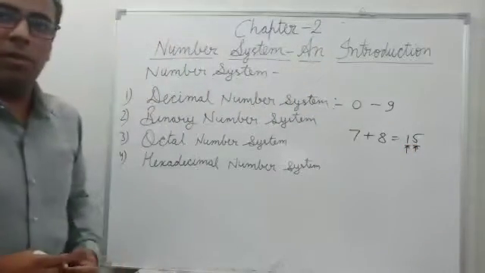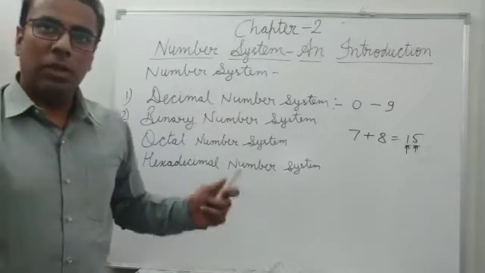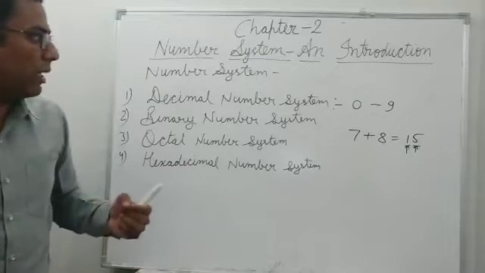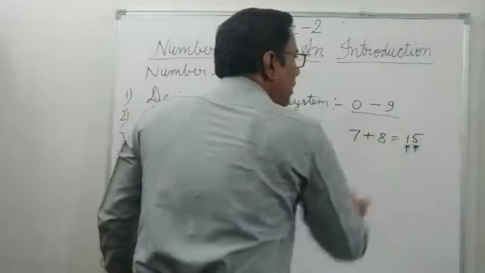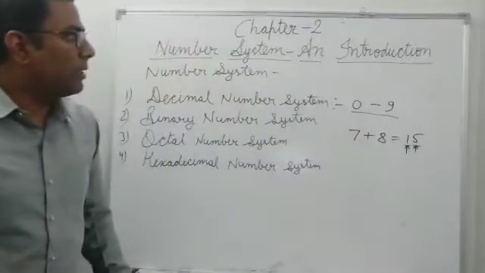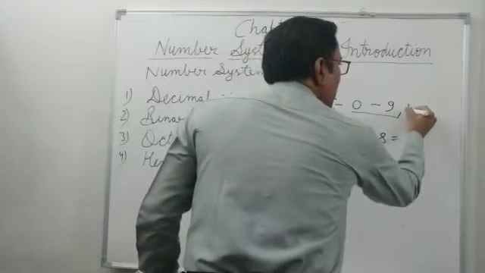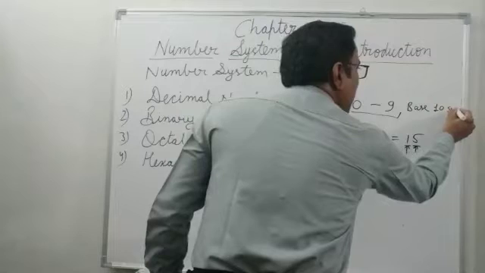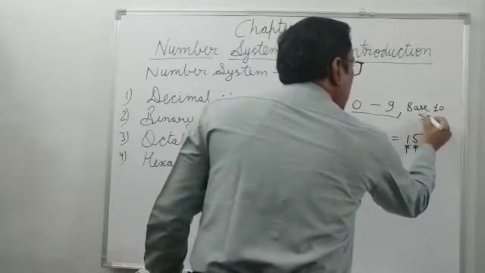The decimal number system has a total of 10 digits, so this number system is called the base 10 system.